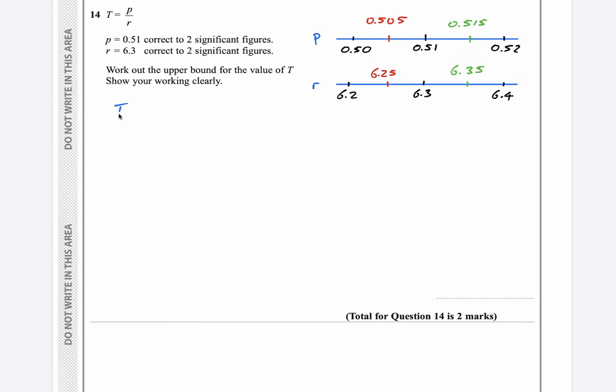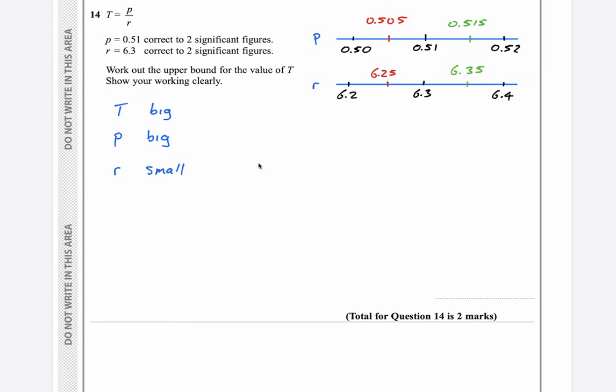Okay, then we say, right, we're trying to get an upper bound for T. So I say we want T to be big. If I want T to be big, that means I want my numerator to be big. P is going to be big. But I want my denominator to be small, because remember, if you divide by a number, you want that number to be small if you want the total to be big.